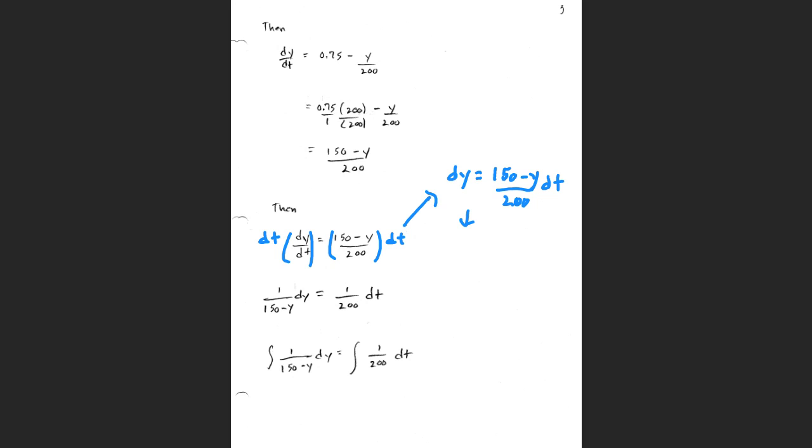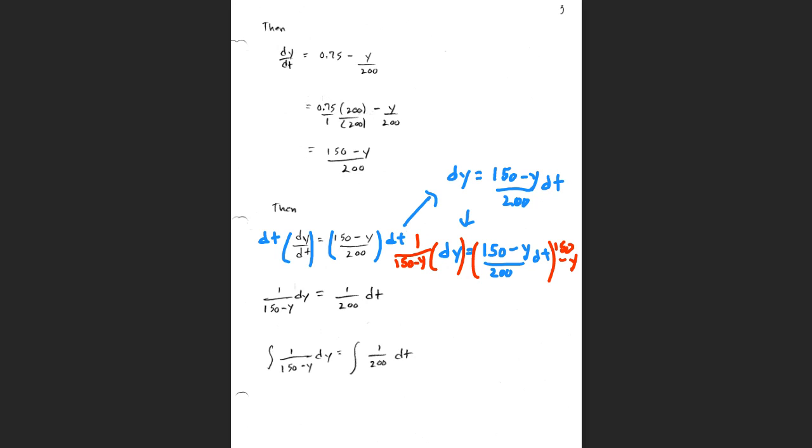But then we can multiply both sides by 1 divided by 150 minus y. That's what I want to do.